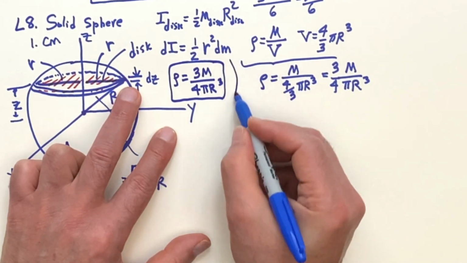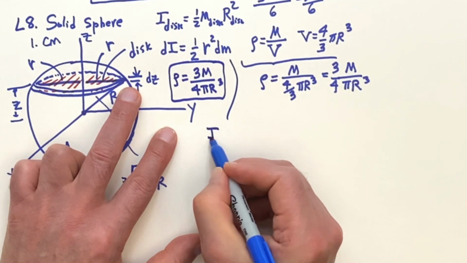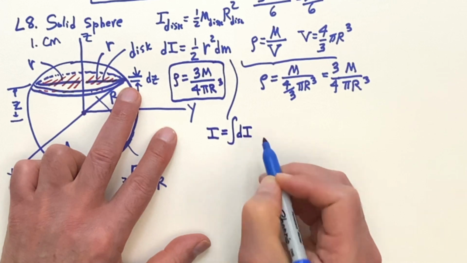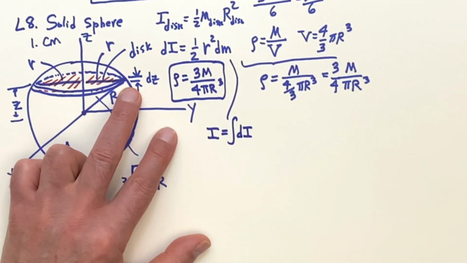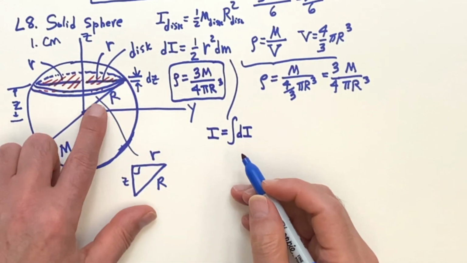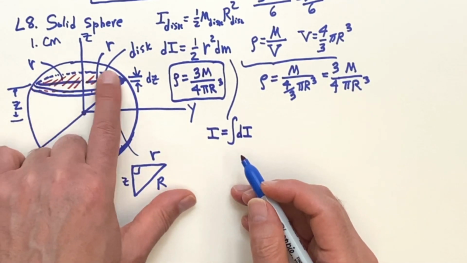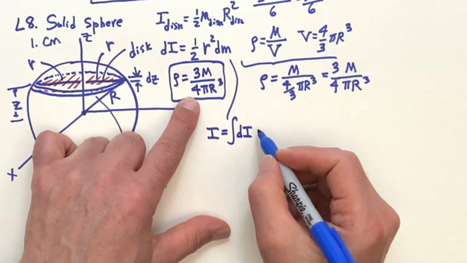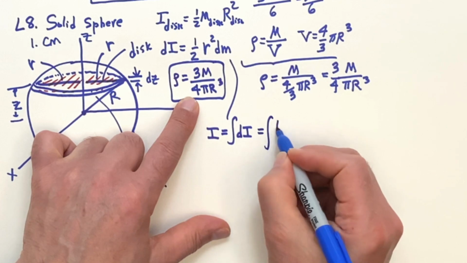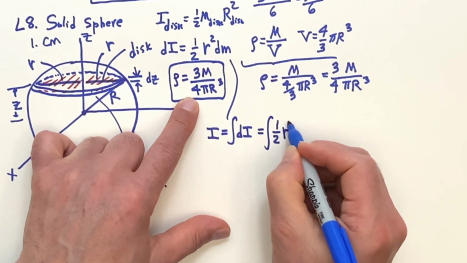All right, so now we're looking at, for I, we're going to do the integral, add up all the little disks, and we need to have the little volume multiplied by the density. In other words, let's go ahead and write that out, 1/2 r squared.